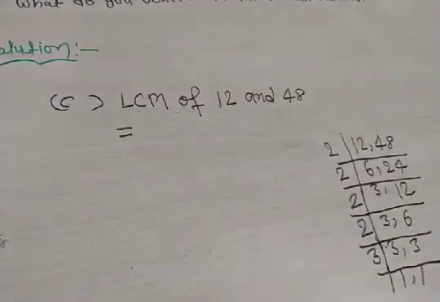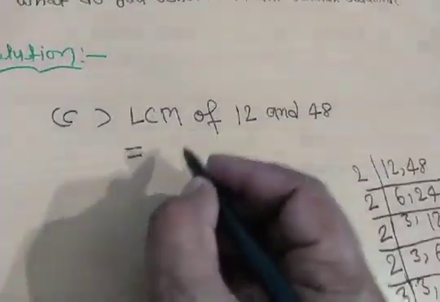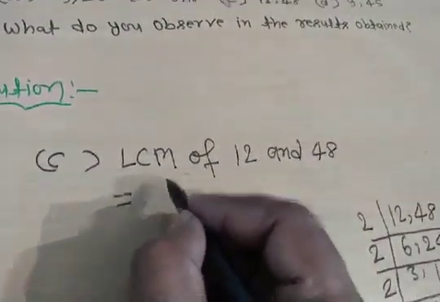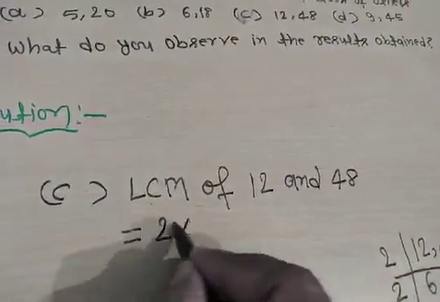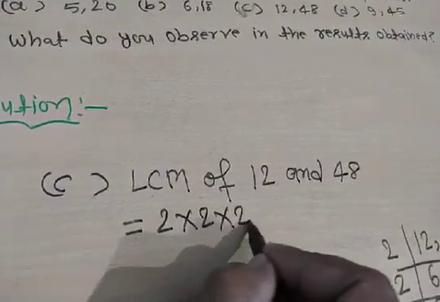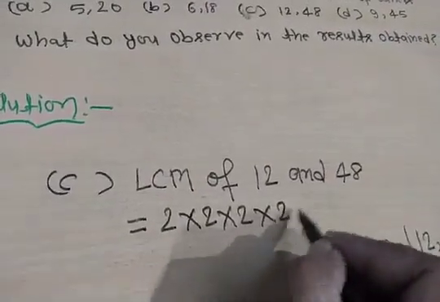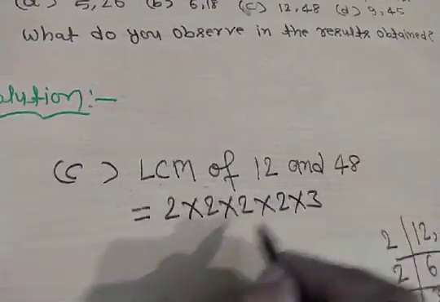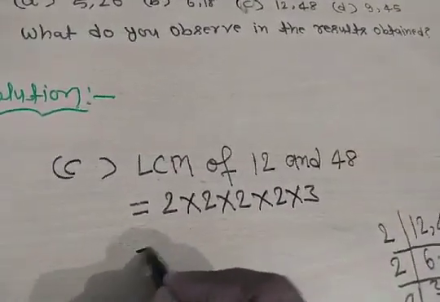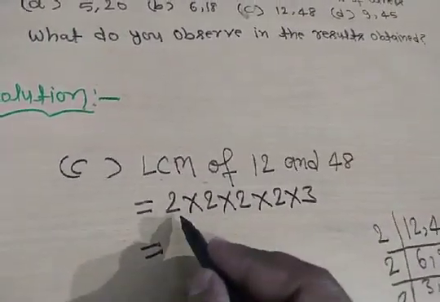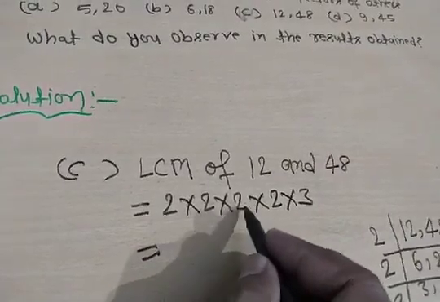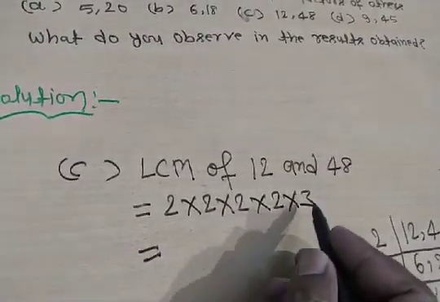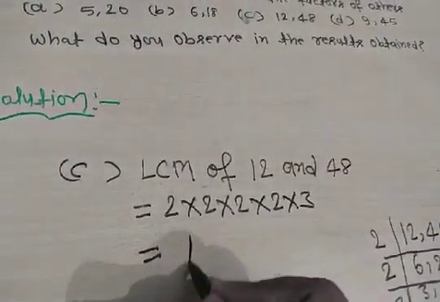So we obtain the LCM of 12 and 48 as 2 into 2 into 2 into 2 into 3. So this becomes 2 into 2 is 4, 8, 16, 3 sixteens are 48.